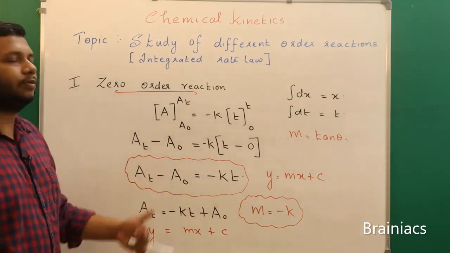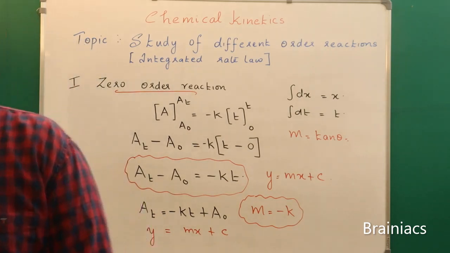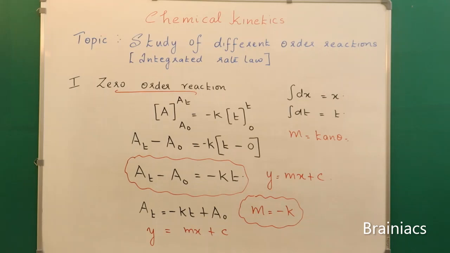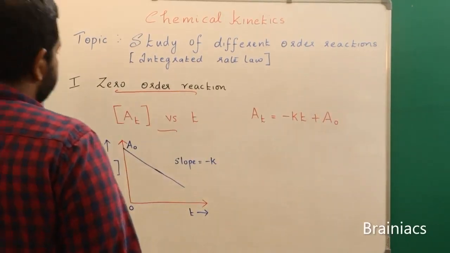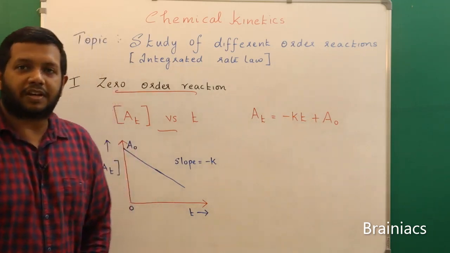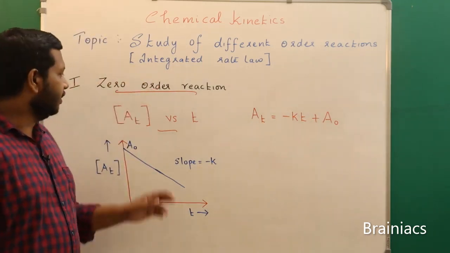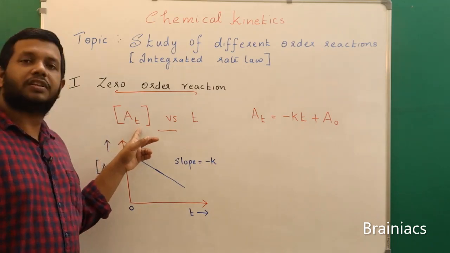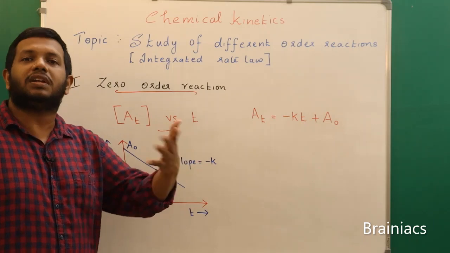Okay. Next we will try to see the graph of a zero order reaction. So let's try to see the graph of a zero order reaction. So that is concentration at any particular time t versus t. That means how the concentration is varying with the time.